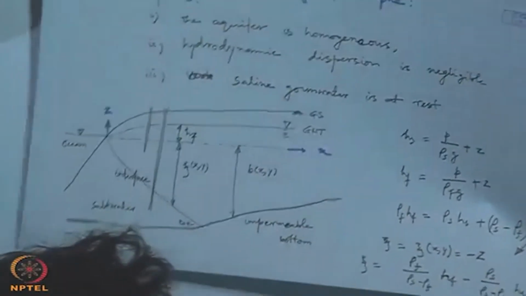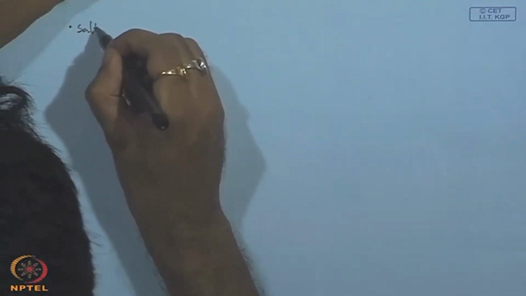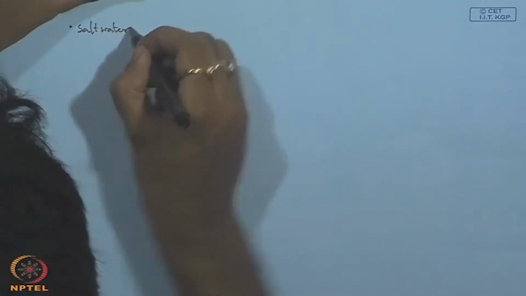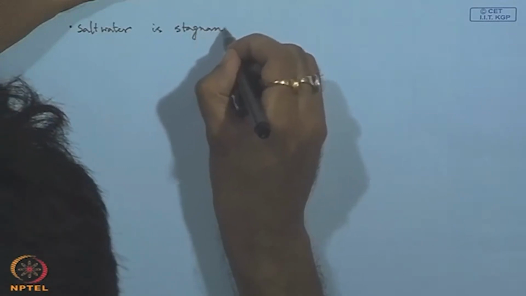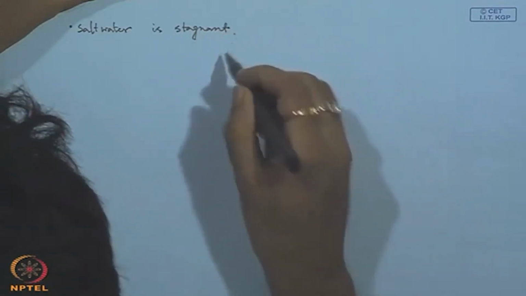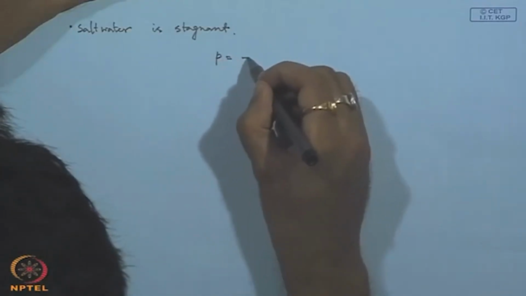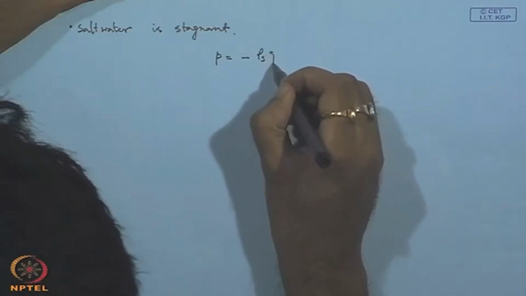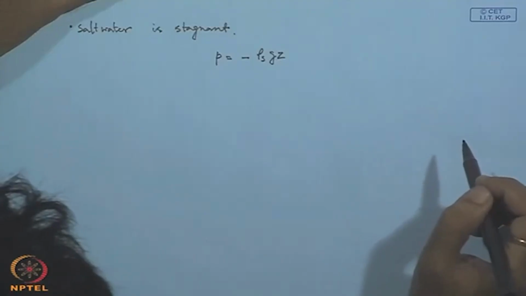Ghyben and Herzberg, they have further simplified that the salt water is stagnant. Salt water is stagnant, thus we can directly use hydrostatic principles, and rho_s g we can directly write it.